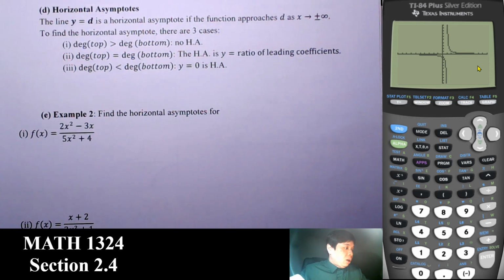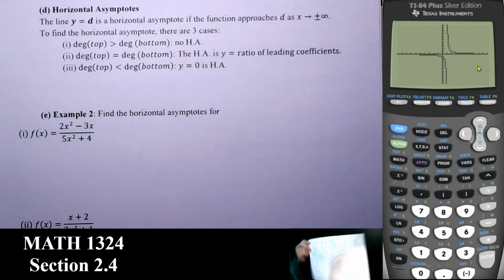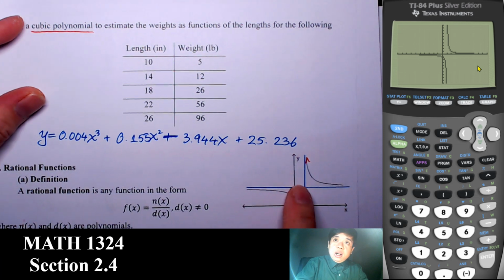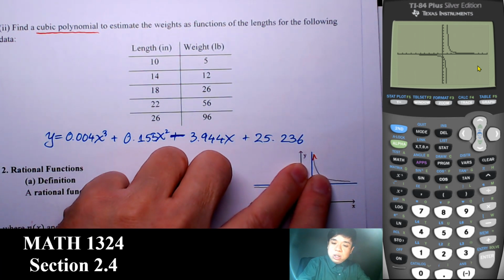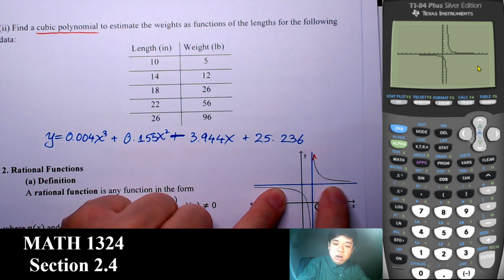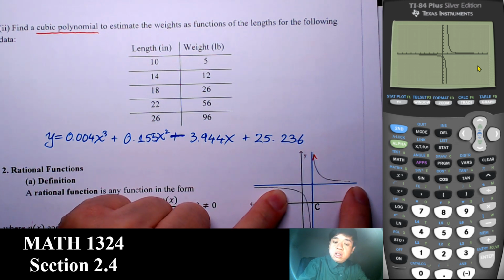Right. Now we go to the horizontal asymptote. Now this will be a lot easier. The horizontal asymptote is what the function approaches when x goes to infinity or negative infinity. So as x gets very big, the function might approach a constant.